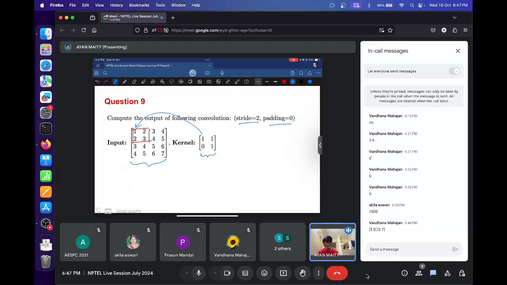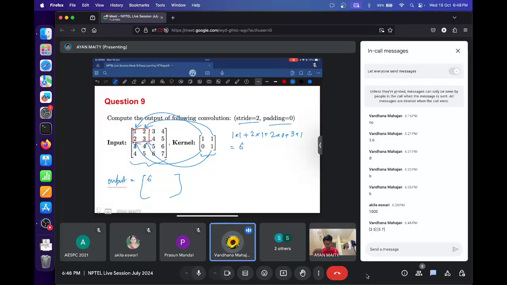This 1 into 1, then this 1 into 2, 0 into 2, 1 into 3, and then add all these multiplications. So this is 1 into 1 plus 2 into 1 plus 2 into 0 plus 3 into 1. So it would be 1 plus 2 plus 3, which is 6. So this is the first entry in the output matrix. If this is the output matrix, first entry would be 6.